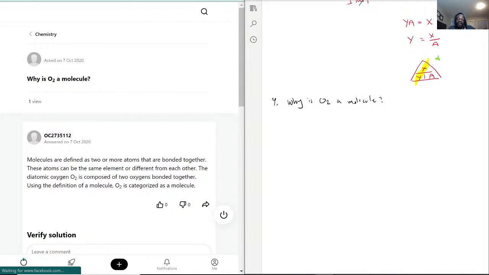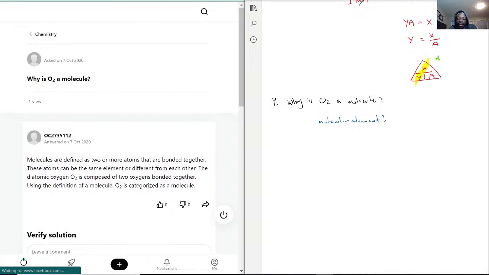O2 is not just a molecule, but a specific type of molecule called a molecular element. So why do we call it this?